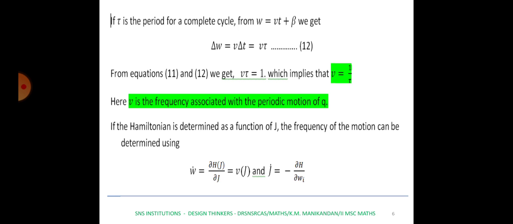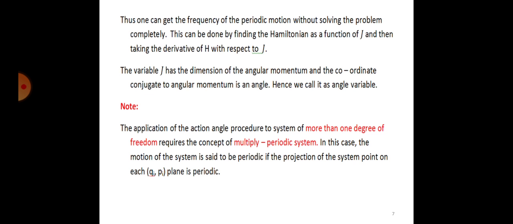Suppose the Hamiltonian is determined as a function of J, the frequency of the motion can be determined by using the Hamilton canonical equations: w dot equal to dou H by dou J and J dot equal to minus dou H by dou w. Thus, we can get the frequency of the periodic motion without solving the problem completely.